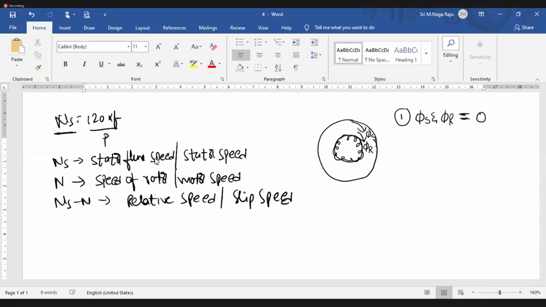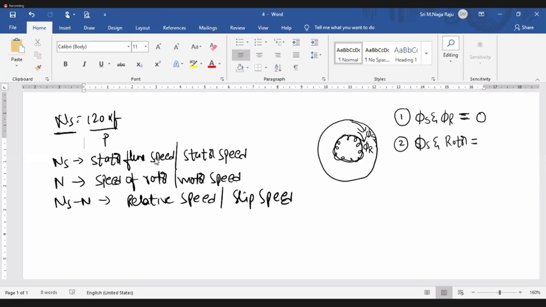I'll make you clear. First point I'll explain. Second question. What is the relative speed between stator flux and rotor?